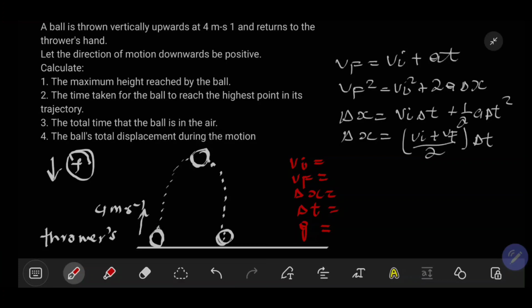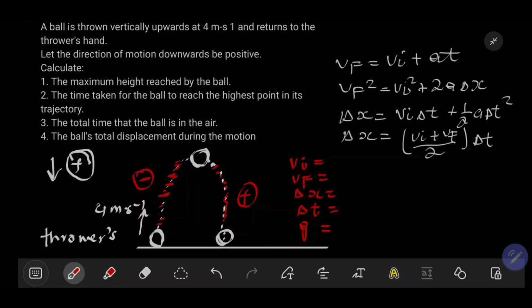So this ball is thrown vertically upward. So it means the motion of the ball on this side going upward until it reaches the maximum height will be negative. Then when the ball comes down, because we said any motion going down will be positive. You see?